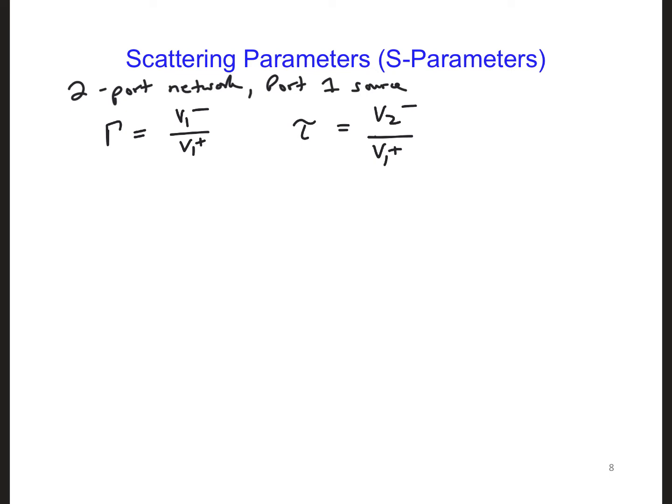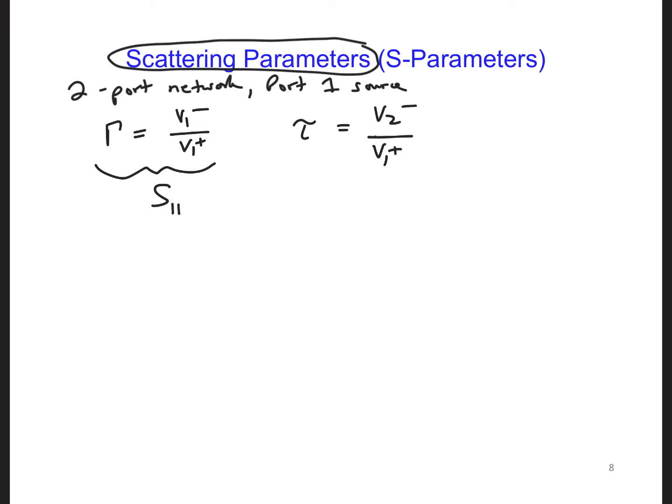Now, when we're using a network analyzer, we're usually referring to reflection and transmission coefficients more generally as scattering parameters or S parameters. In this case, we can define that this reflection coefficient, when port 1 is used as the source, would be S11.